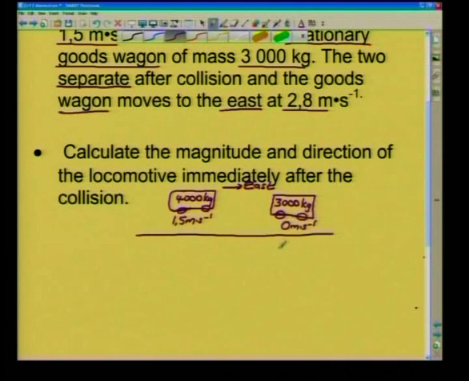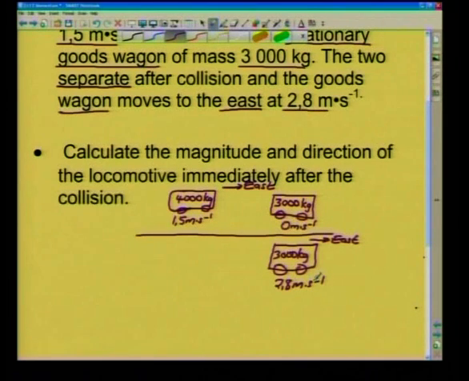After collision, the wagon (3,000 kilograms) moves now to the east at 2.8 meters per second.